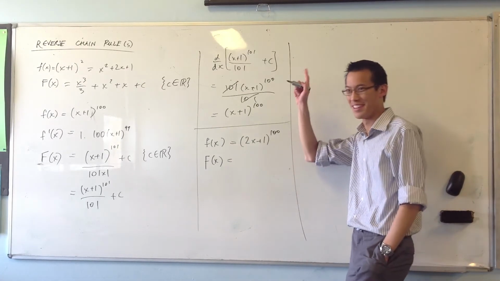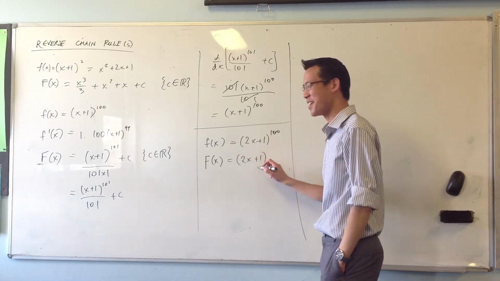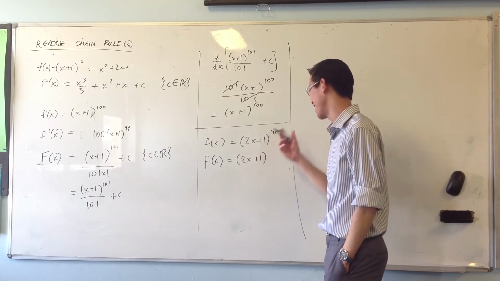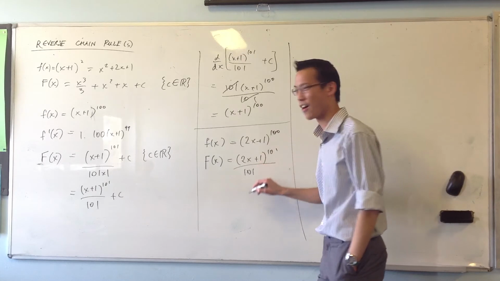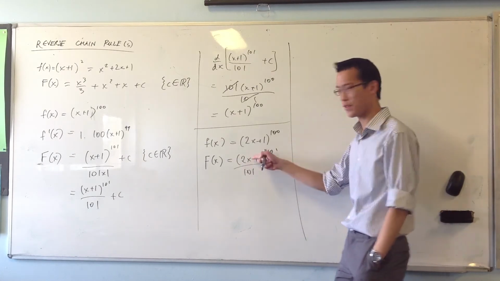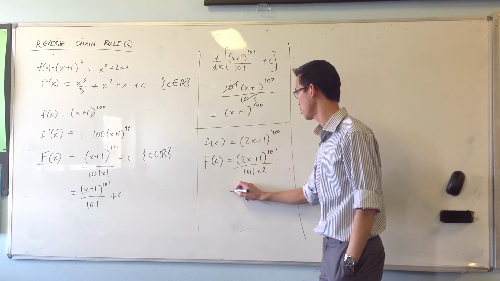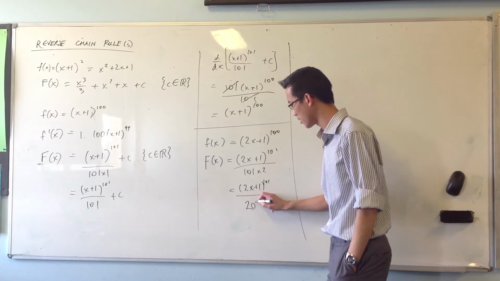Power up! Okay. Power goes up, divide by the new power, and I divide by something else. What do I have to divide by? The 2, which is the derivative inside. So multiply by 2. So I'm dividing by 202.